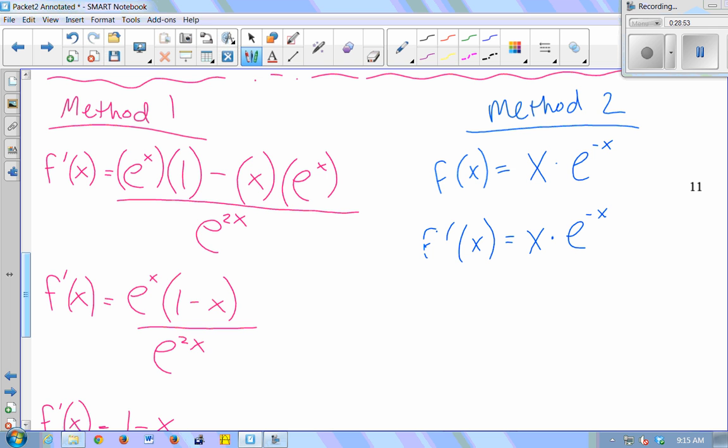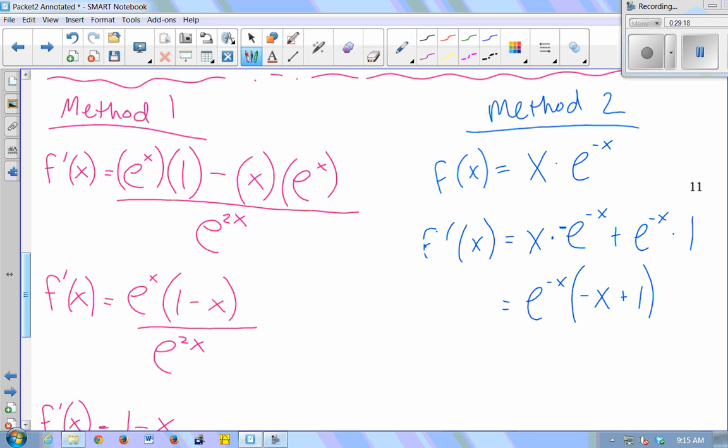I'll just tell you for today. We'll learn why tomorrow. It's negative e to the negative x. So that's first times the derivative of the second plus the second times the derivative of the first. I could factor out an e to the negative x, and I'm left with negative x plus 1.